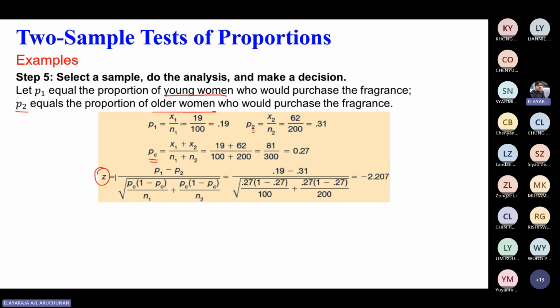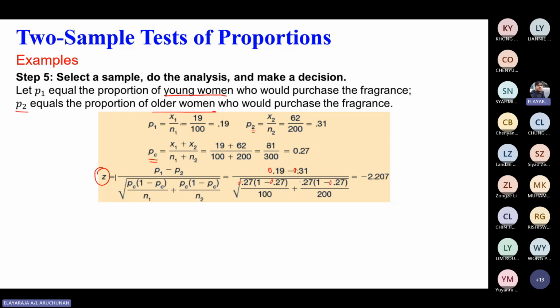After that, we use the z-test formula: P1 minus P2 over the square root of PC times (1 minus PC) over N1 plus PC times (1 minus PC) over N2. So we just add all these values into it, and then we simplify.